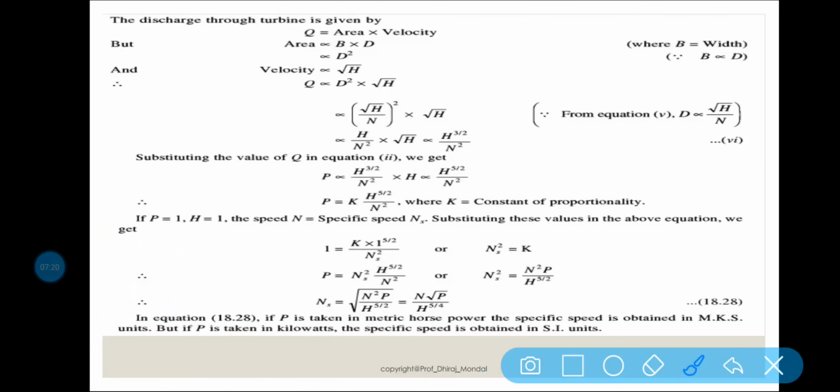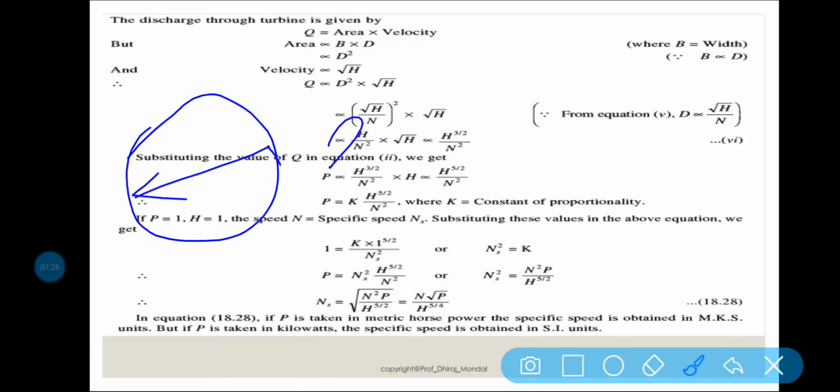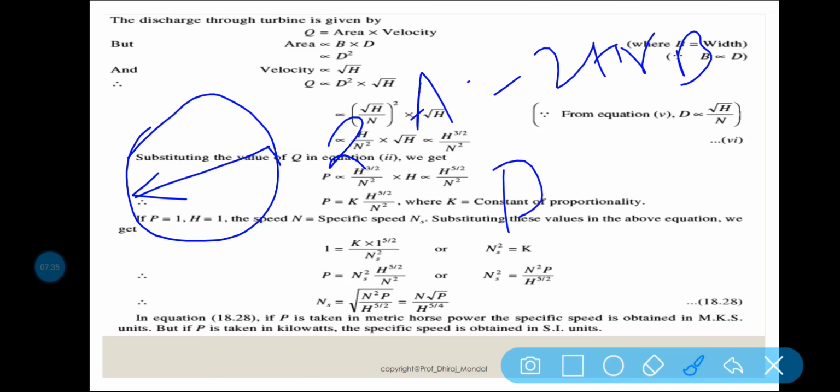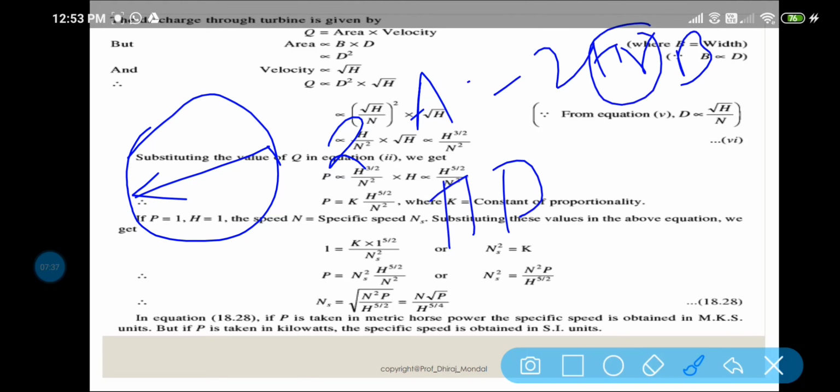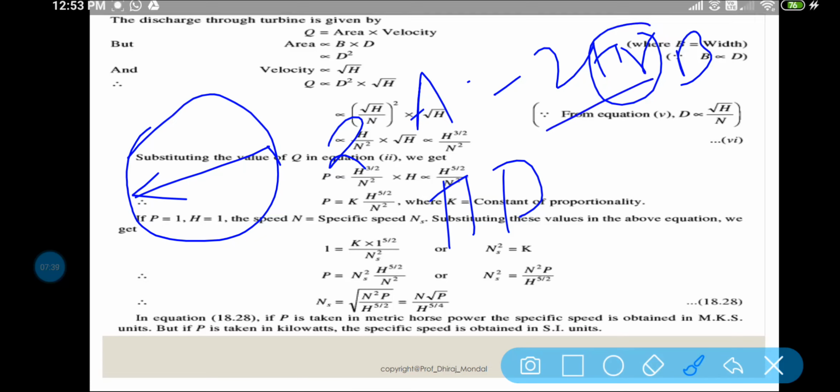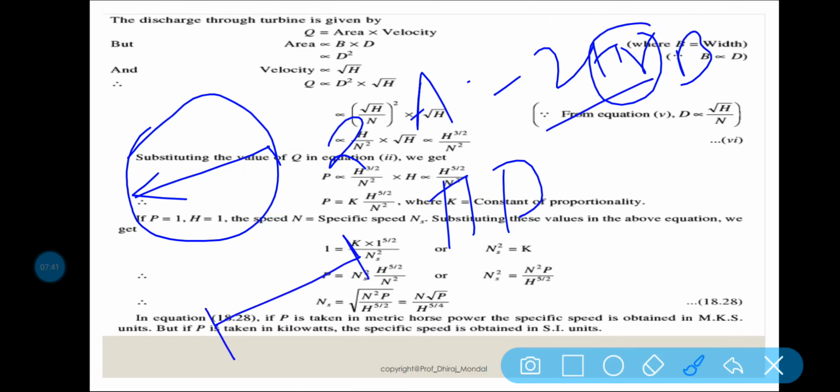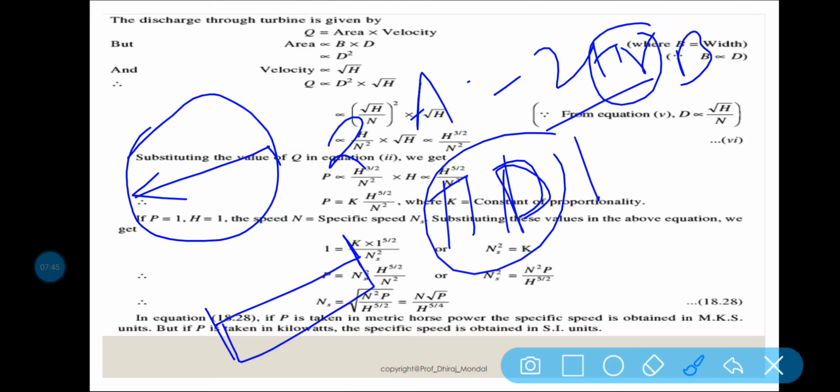So in case of a reaction turbine, let us consider this is your d. Now how we can calculate the area? Area is equal to 2 pi r into breadth. So 2 pi r can be written as pi into d, because 2 r is equal to d. So this is the circumference into breadth. So that is why it is pi into d into b.